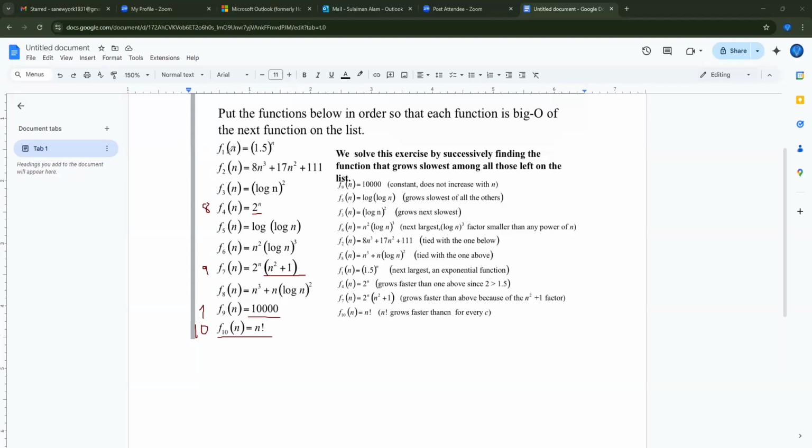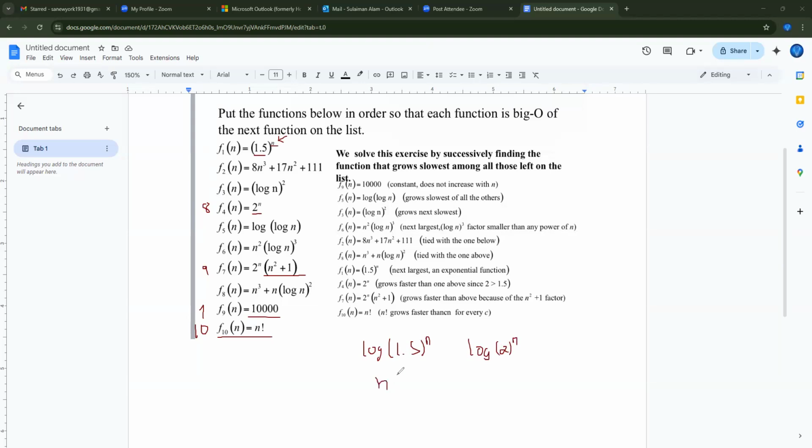And then we have this. So this, even though it's not 2 to the n, anytime n is in the exponent, then it's going to be a pretty large function. Then you just compare the bases. If you want, you could take the log of both sides, right? So let's compare 1.5 to the n to 2 to the n. Log of 1.5 to the n, log of 2 to the n, right?